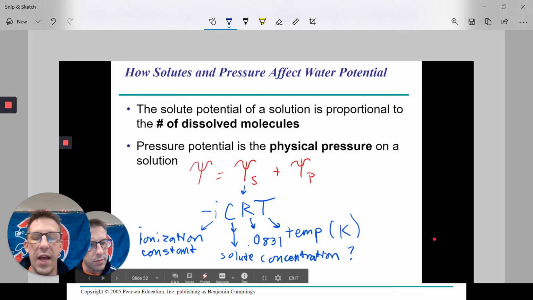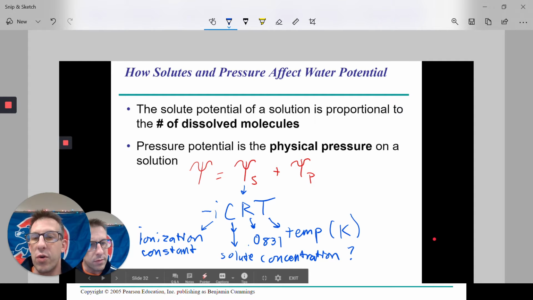Okay, and the ionization constant tells us how many ions a particular substance might break into when it becomes mixed with water. For instance, one of the common ones that we're going to see a lot is sucrose. Sucrose actually does not ionize, so it stays one molecule, which is still sucrose. So the ionization constant of sucrose would be 1.